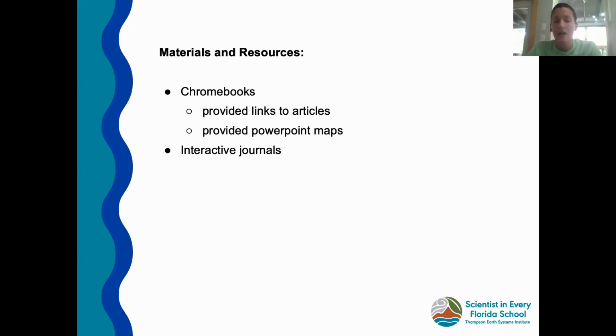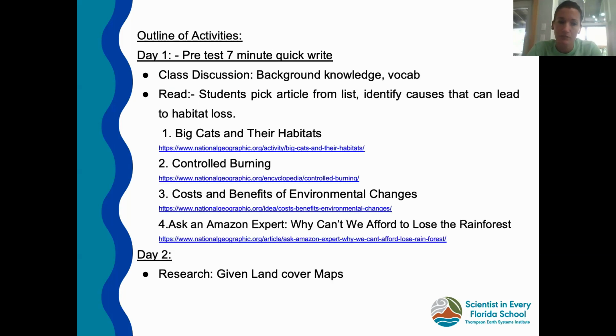I didn't list pencils and paper and things like that, but you would need your Chromebooks or your student devices, your interactive journals. Go ahead, next slide. So what we tried to do, this lesson would be very adaptable to online learning if you had to do that. Our district is going back to school in the beginning, but if you wanted to put this through Google Classroom or something, it would be very easily adaptable.